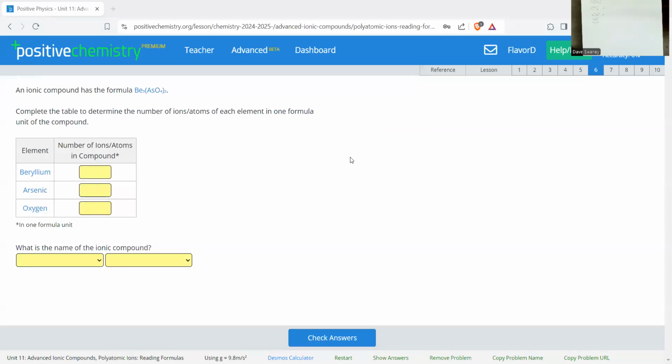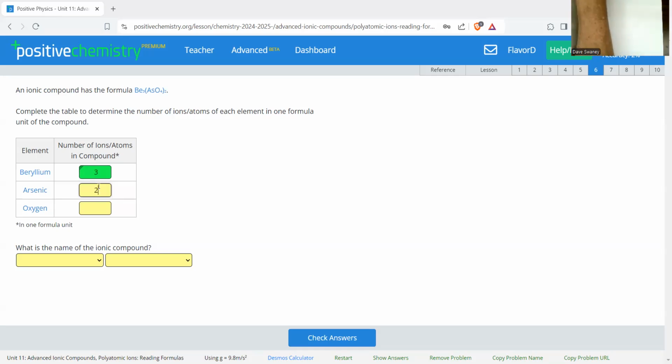Now I'm on polyatomic ions reading formulas. This tells me that there are 3 berylliums, and this 2 multiplies into all of this, all of that. So there is not just 1 arsenic, there are 2 sets of all of this, which means we have 1 arsenic in one and then 1 arsenic in the other.